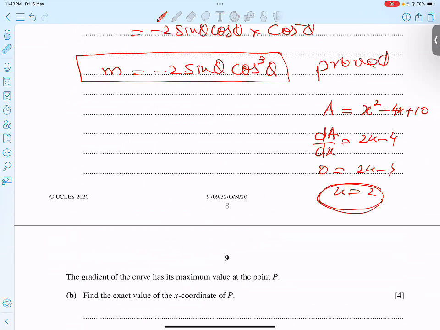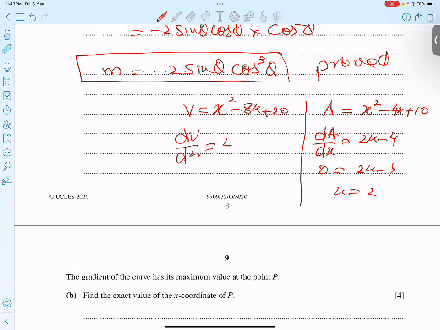And if I need the maximum area, plugging 2 back in will give us the maximum area. So this is the basic criteria. In the same way, if I'm looking for the volume, and I have a volume formula like x square minus 8x plus 20, how to find the maximum? I will differentiate dv by dx, I got this, I will plug in 0, and I got x value 4.